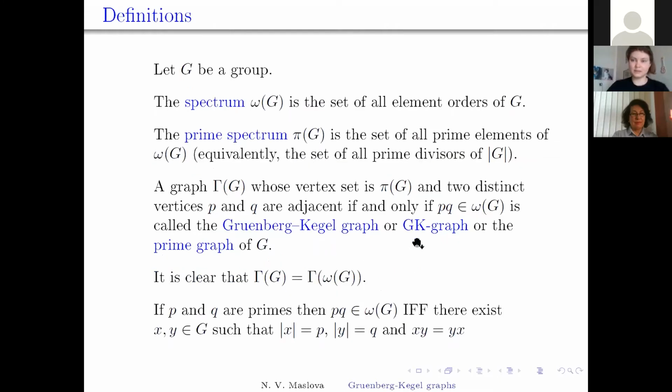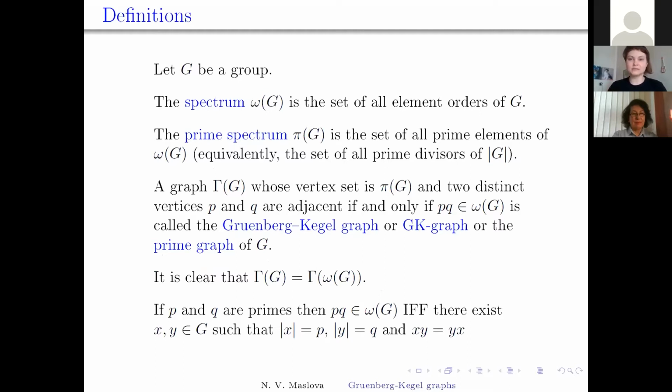And let us apply this construction to finite groups. Let G be a finite group. The spectrum of G is the set of all element orders of G. Of course, if the group is finite, then each element order is finite, and the prime spectrum of this group is the set of all primes from the spectrum, or equivalently, the set of all prime divisors of the order of this group.